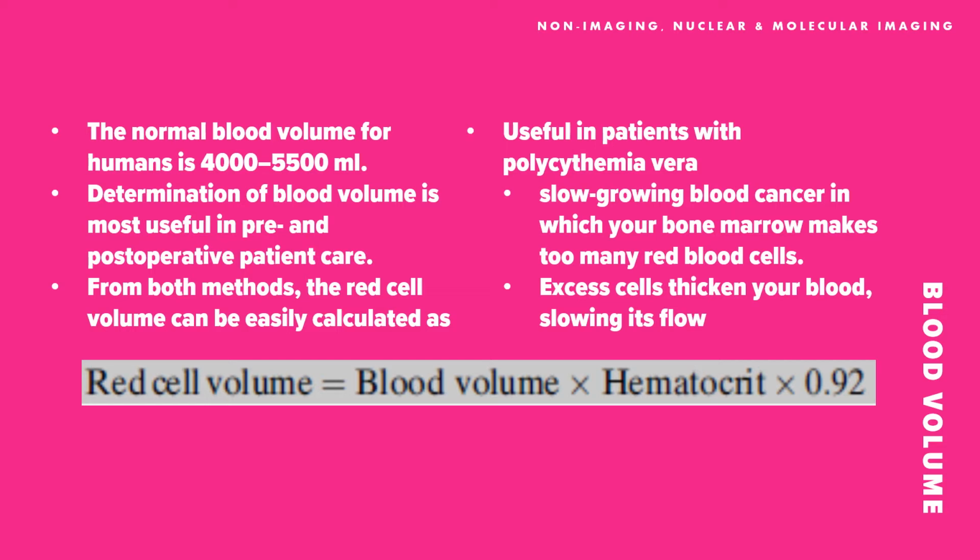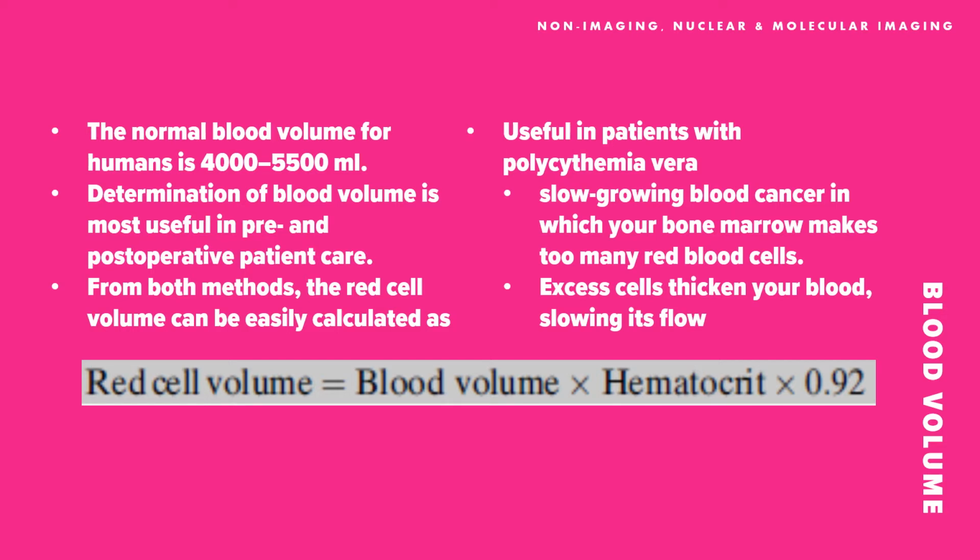It can also be used for those who have blood cancer. With this method of measuring blood volume, we want to understand how much red blood cell is available for those with blood cancer in the bone marrow, because too many red blood cells will make your blood very thick and affect the flow of the blood.